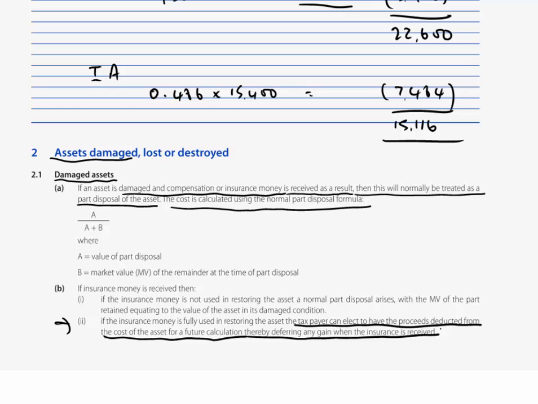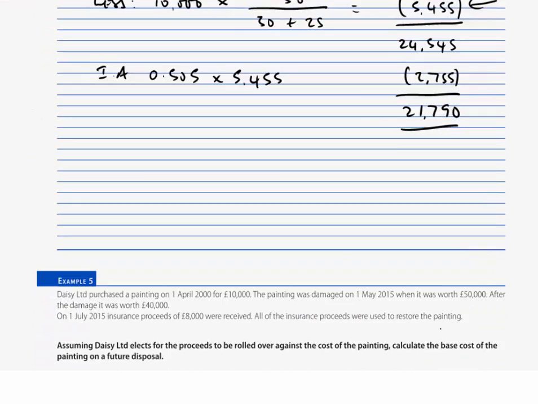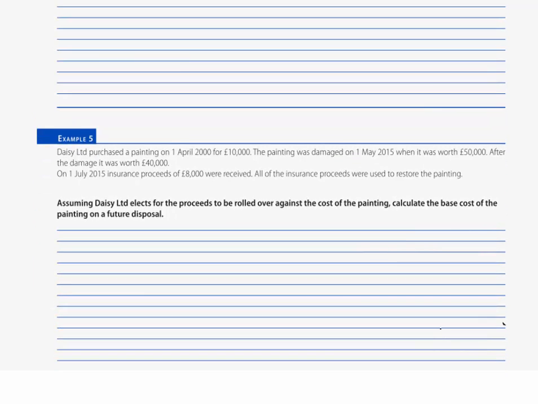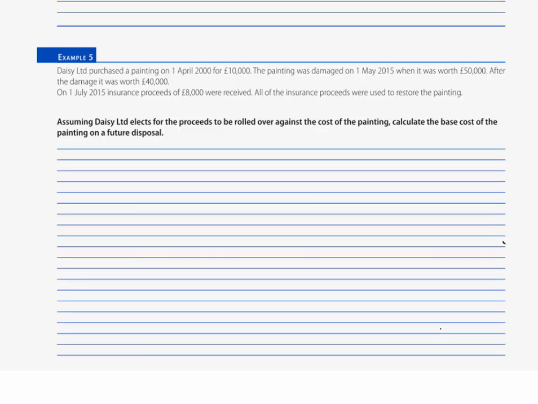So let's have a little look at how that works in terms of a calculation, and as luck would have it, here we go, example 5. Now again, in an exam question, what we've got to do is to recognise the situation that we're dealing with and then try to remember the rule that we use to deal with that problem. So again, it's a company, Daisy Limited, purchased a painting on the 1st of April 2000 for £10,000.